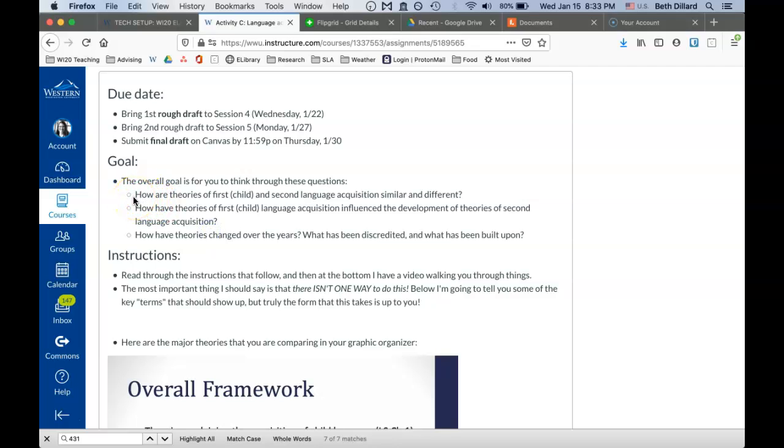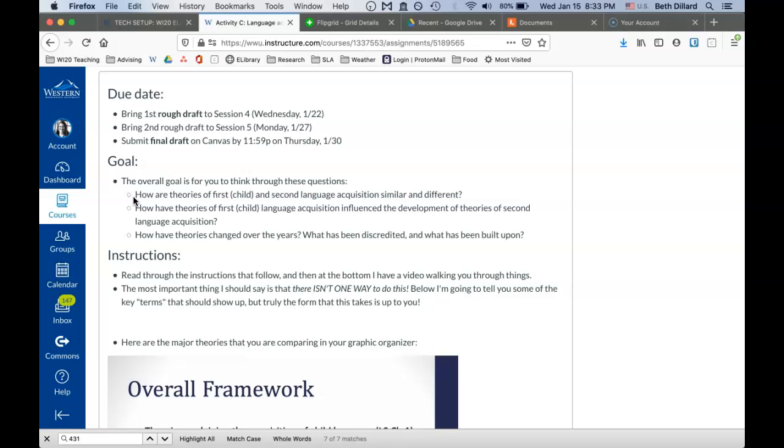First of all, how are theories of first or child language and then second language, or third or fourth, but additional language acquisition, how are those processes similar and different?